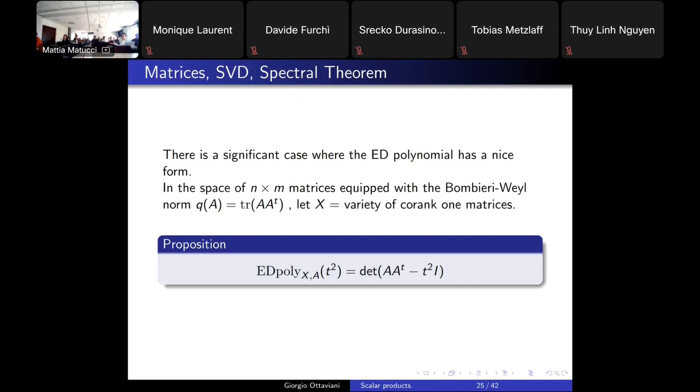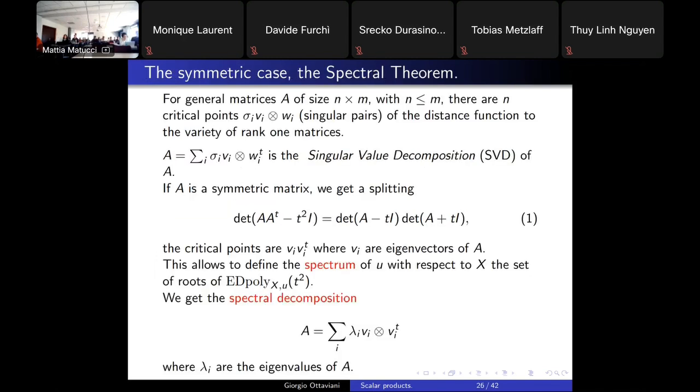But, sorry, I did not tell the important thing. This formula is pretty nice with the Bombieri-Weil metric. If you change the metric, I will show you that a complete disaster happens.